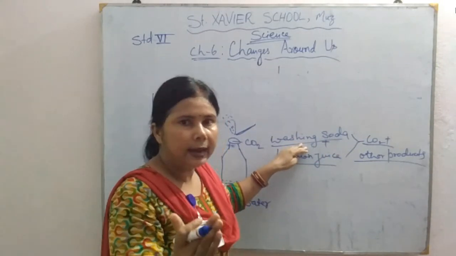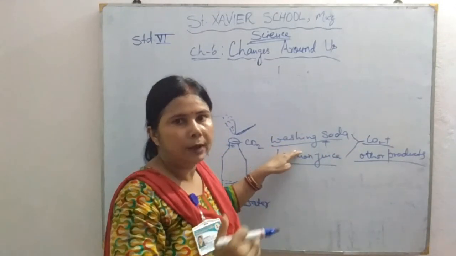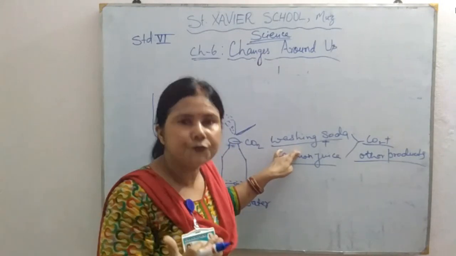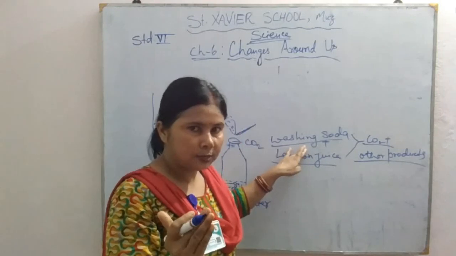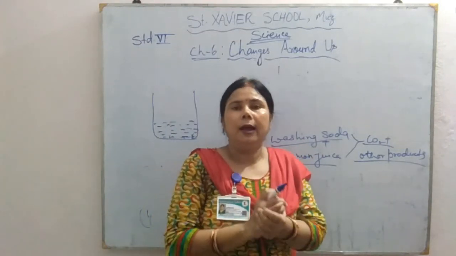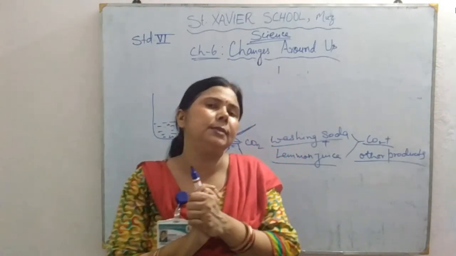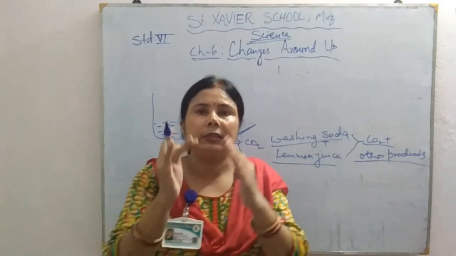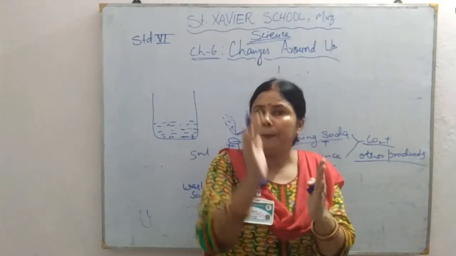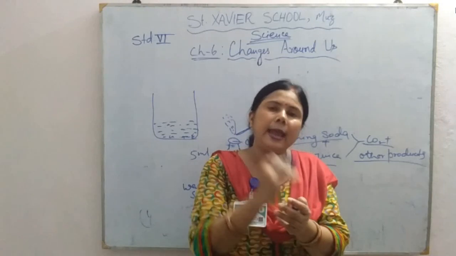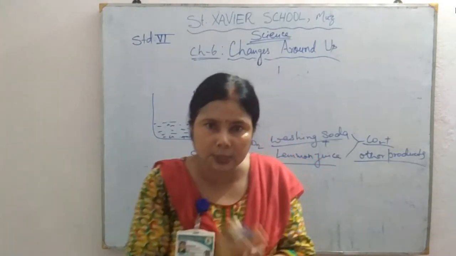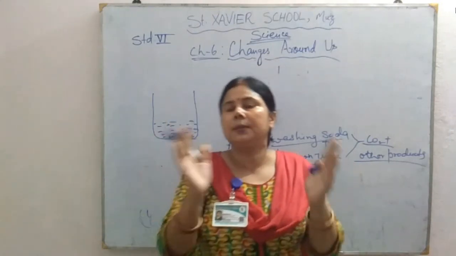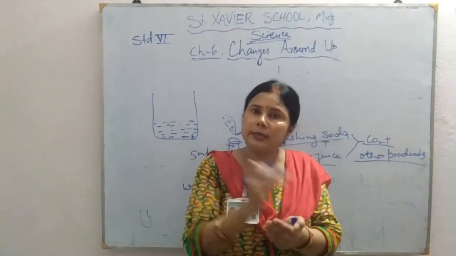So we have seen that after mixing these two, a totally different substance is formed. So this change is chemical change. So we have seen children, when two different substances are mixed together, both chemical change and physical change can happen. It depends on the substances used and the condition under which the process is carried out.